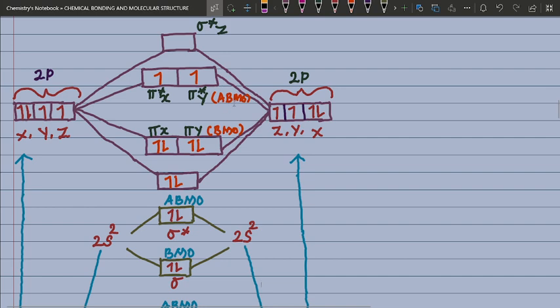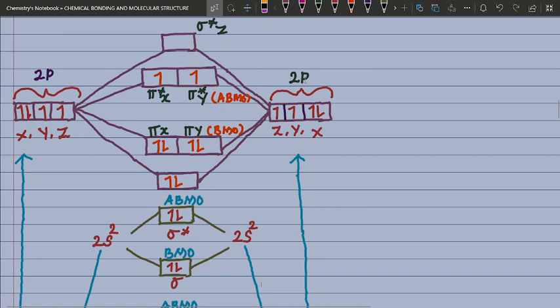See here, this is the ABMO pi orbitals. Here pi x star, pi y star. This is BMO pi x, pi y. These are paired electrons. These orbitals have unpaired electrons.